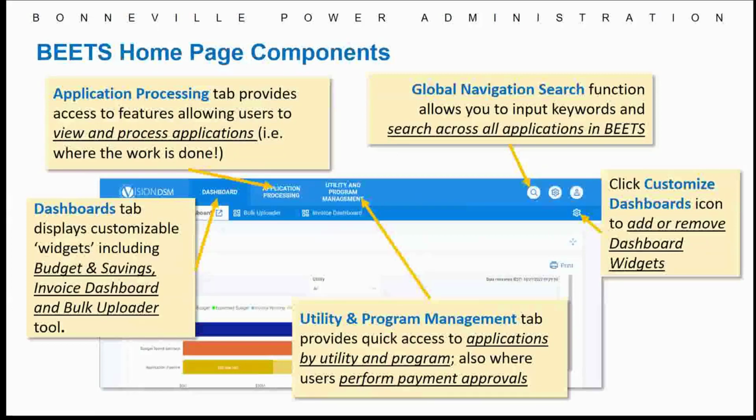This is how you customize your view once inside the system. In this particular screen, this is where you would go to add these dashboard widgets. So the first time you set up the system, you go through the cogwheel to set up which dashboards you want to display on your page. And you have some options there. You'll see these cogwheels throughout the system. They let you personalize your pages. Change colors, change what you see. It gives you the experience so you can craft it the way that information is best read from your purview.